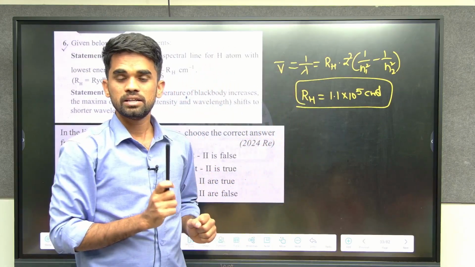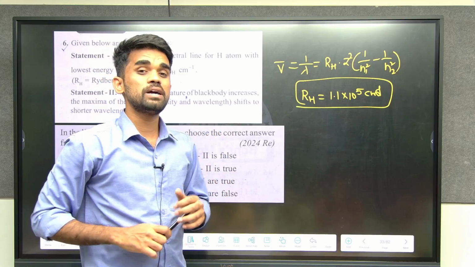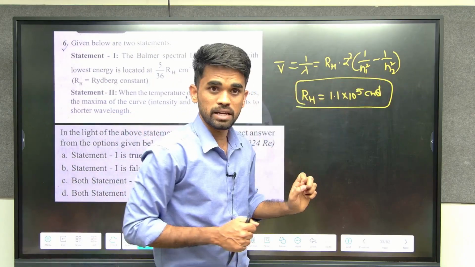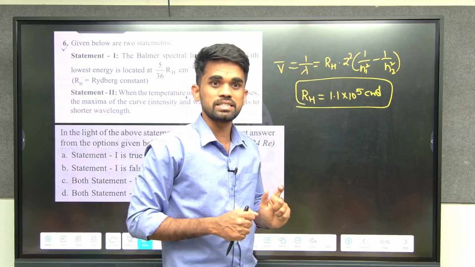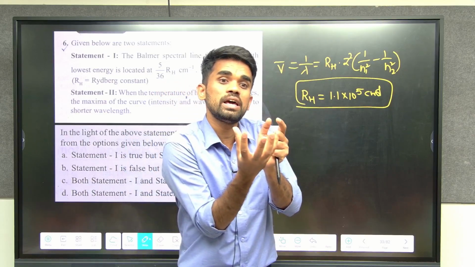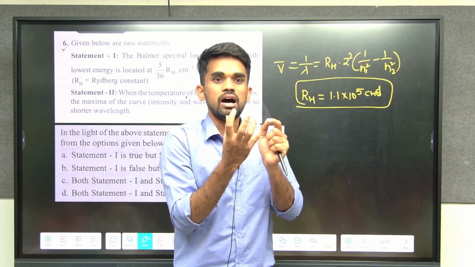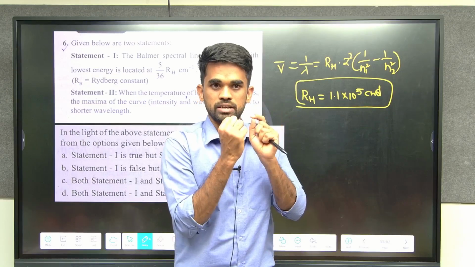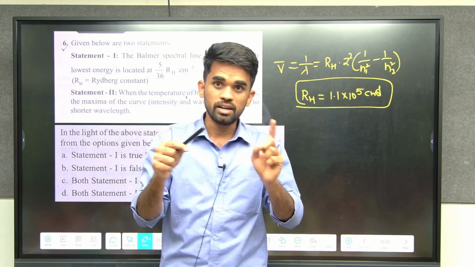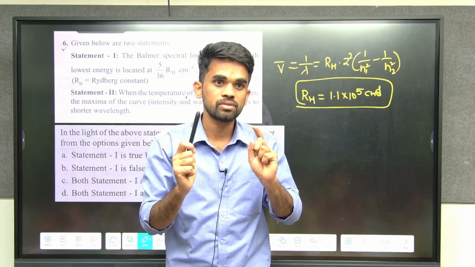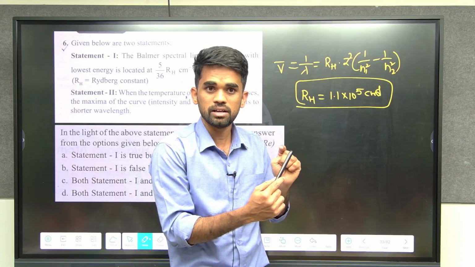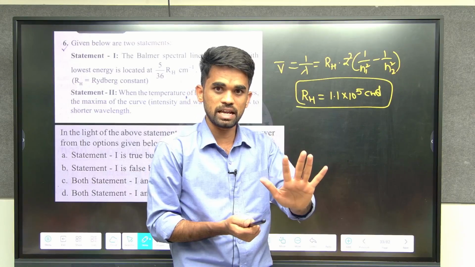What is the use of Rydberg's equation? See, N1, N2 I am saying, electron transition we discussed. It means during a transition, what is the wavelength associated, or what is the energy associated? If I calculate wavelength, we can also calculate energy. How we can calculate? E equals h nu or hc by lambda, no? From that you can calculate. Is this clear, everyone? Yeah.